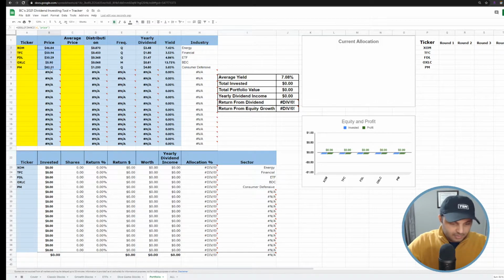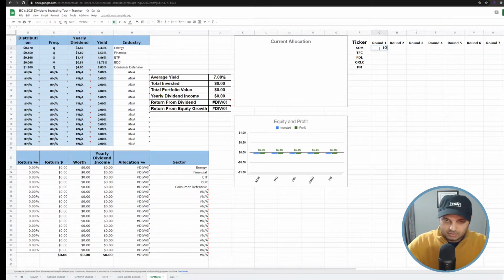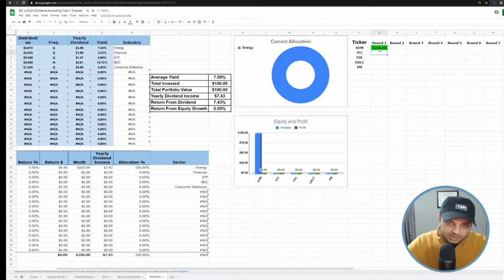So I'm just going to buy them at market price. Okay. So today is the first time I'm buying it. This is my round 1 of investments. I'm going to put $100 in each of them. So 100. This is round 1. So you're going to enter all the amount in round 1.